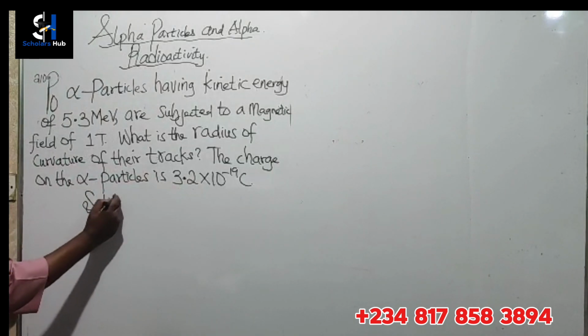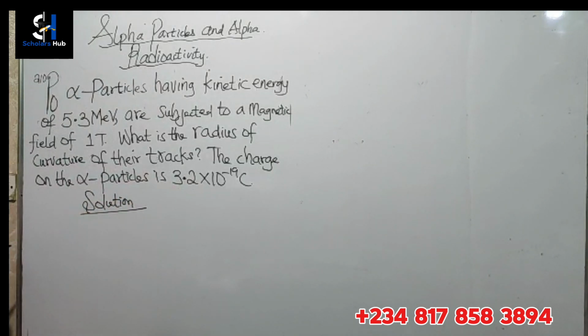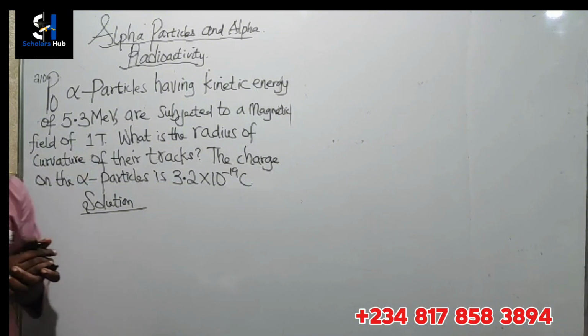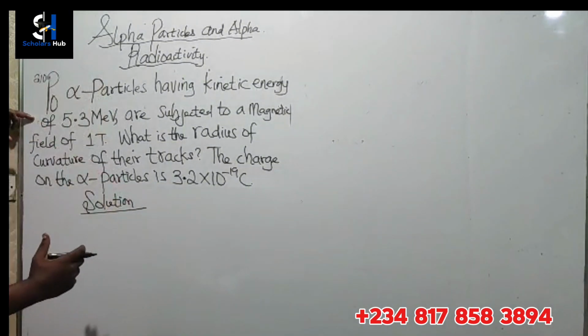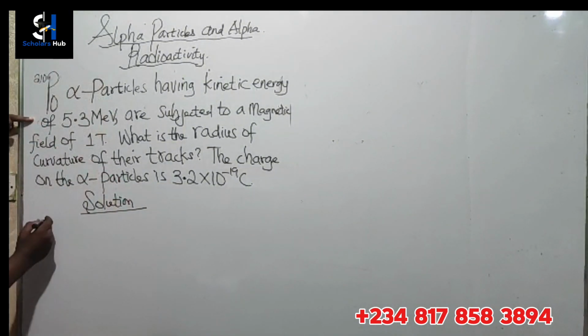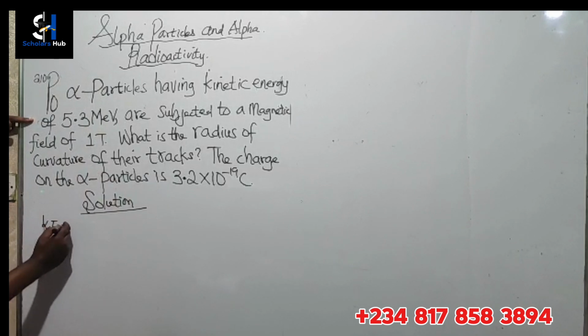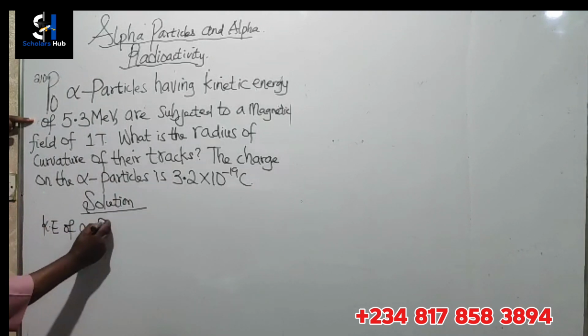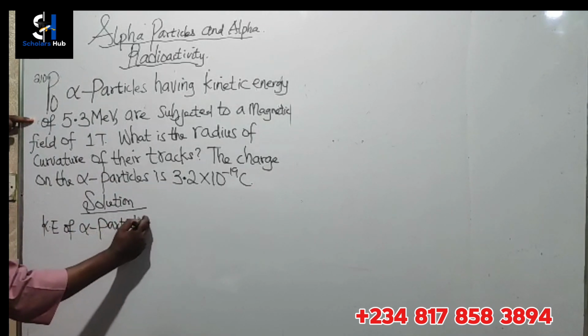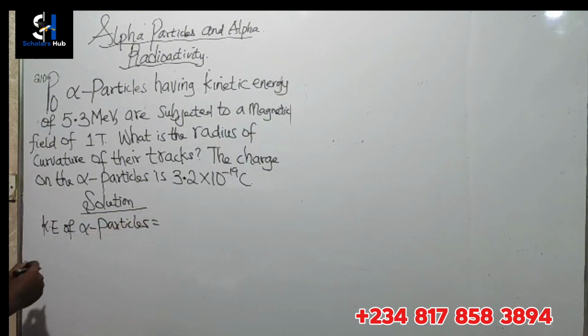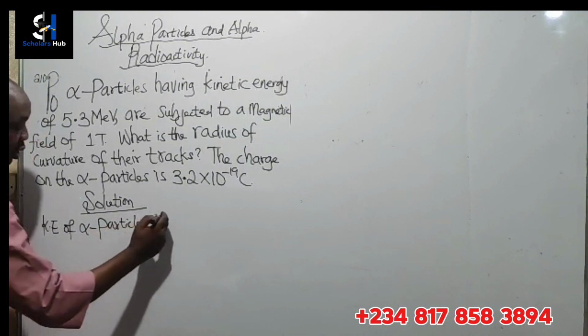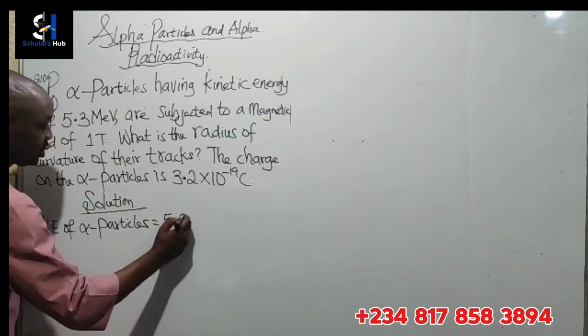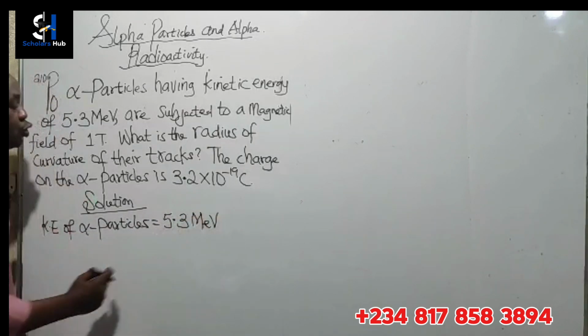Now, the solution to this problem would be, let's first identify the given values. We are given the kinetic energy of the alpha particle, which is 5.3 mega electron volts.